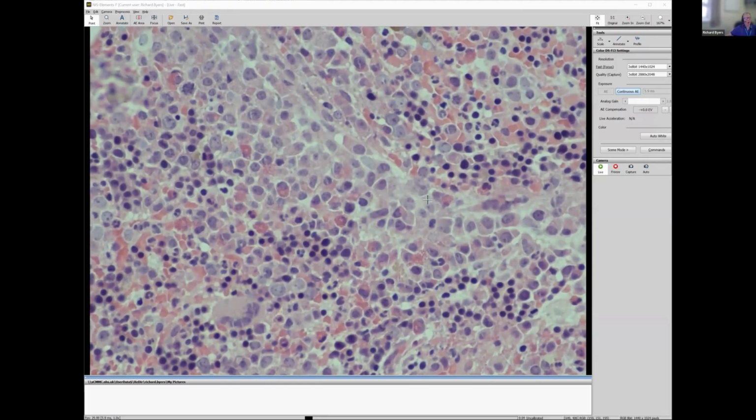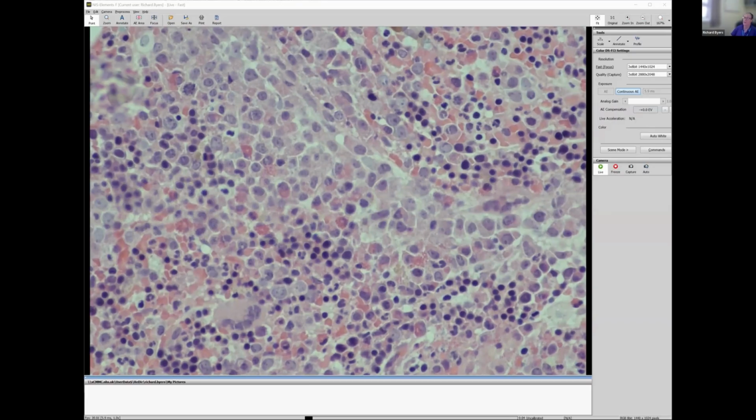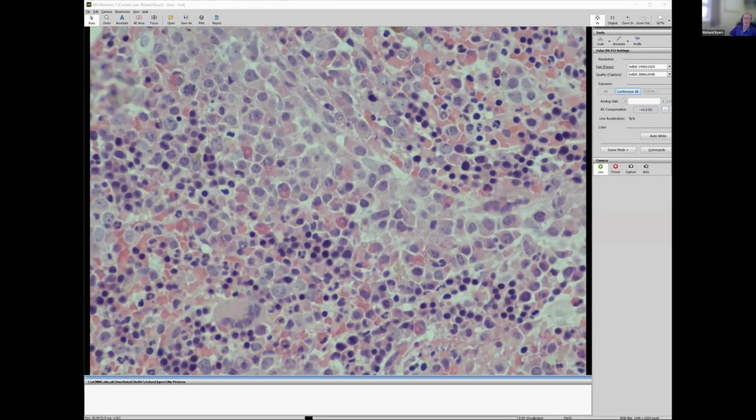So you've got all stages of myelopoiesis well represented. But the question was, why is the white cell count low? Not that high. It's only 7.3. So that was the one thing that we wondered went against it being chronic myeloid leukemia.